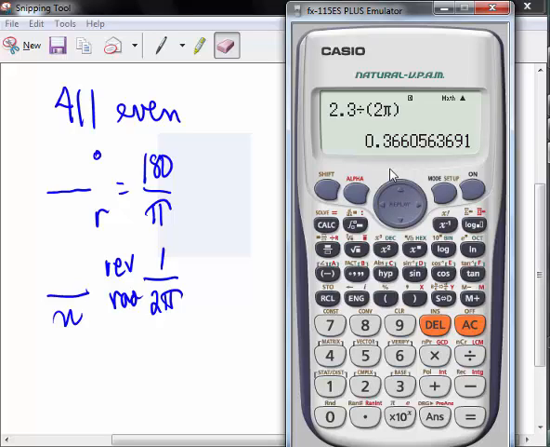Number 10, 0.0633 divided by 2 pi, and we get 0.0101, 3 sig figs. And then number 12, 0.766 divided by 2 pi, and we get 0.122.